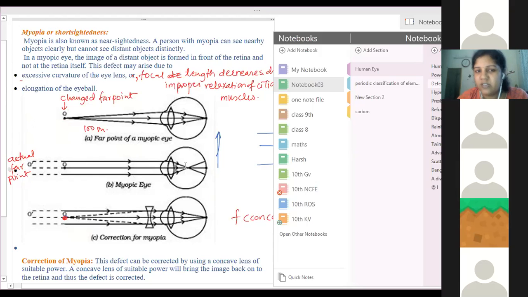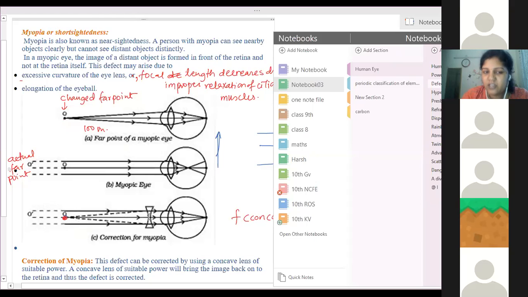So what is our aim? We have to bring the image of objects present beyond this O to O or closer than O. This spectacle having a concave lens does that function. The rays from the object which this eye can't see first fall on the spectacles.